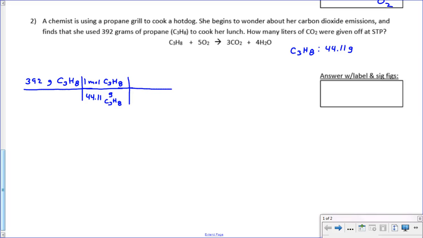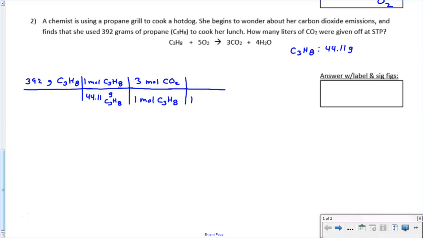We want to get out of moles of propane and into moles of CO2. Looking at the balanced chemical equation, we know that for every 1 mole of C3H8, there are 3 moles of CO2. That's just from the coefficients. And then we're going to go from moles of CO2 to liters of CO2.